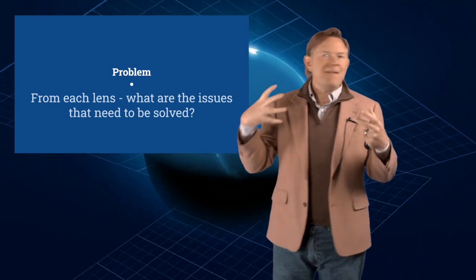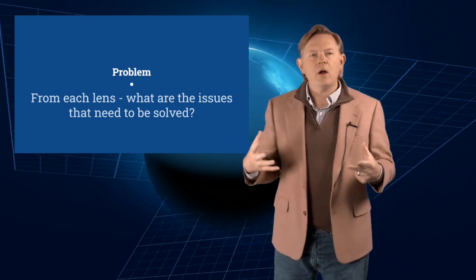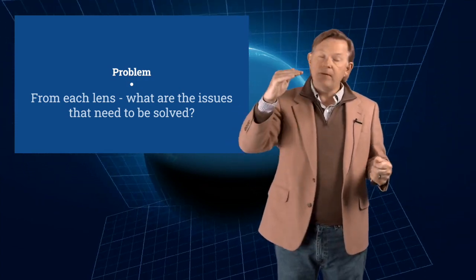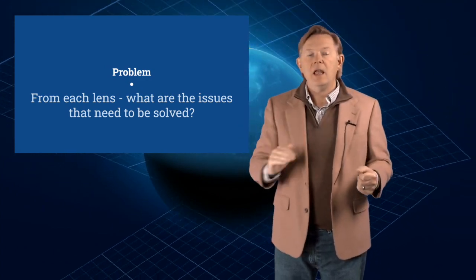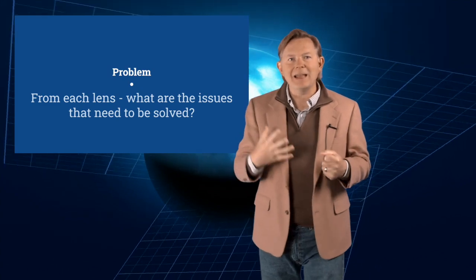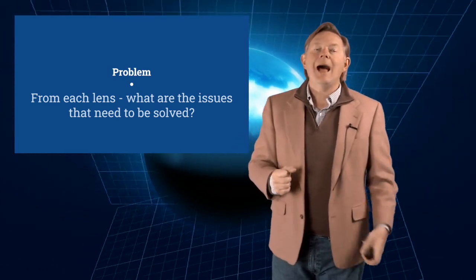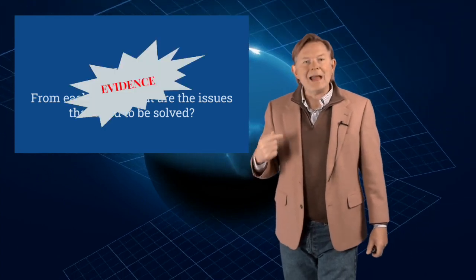So if there are 5 things that illustrate how bad or how difficult this is, I'm going to need you to have addressed those 5 things in your solution as to whether or not it satisfies that issue. Now, just like with the introduction, when you're going through the problem, you do need evidence.